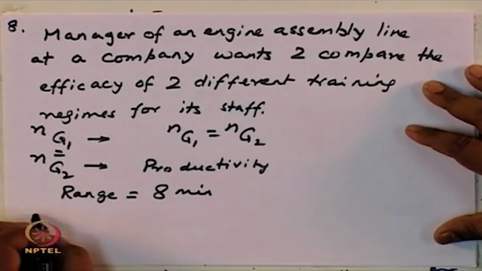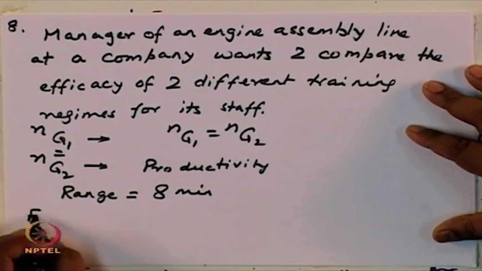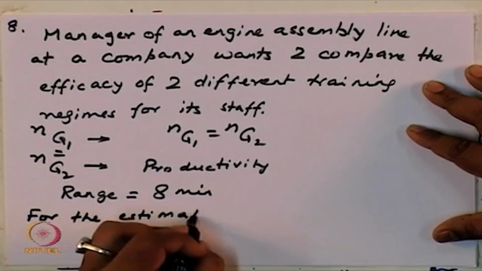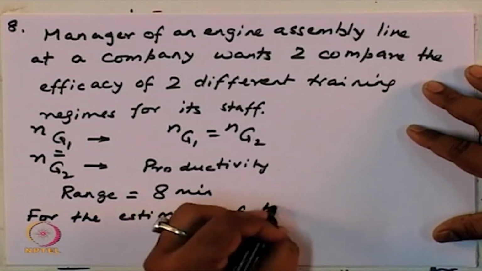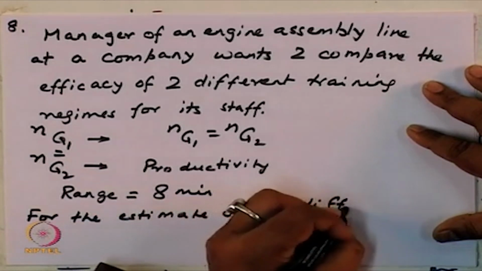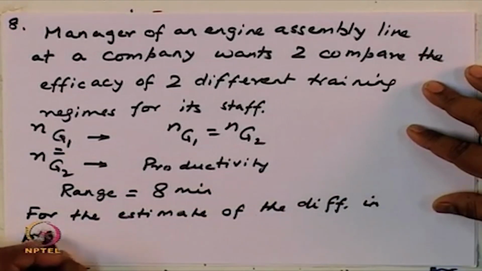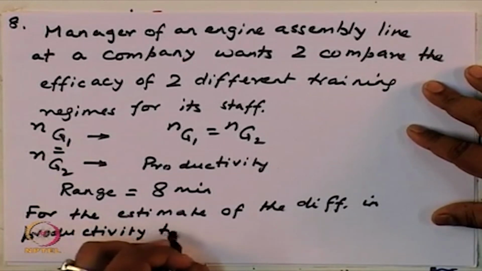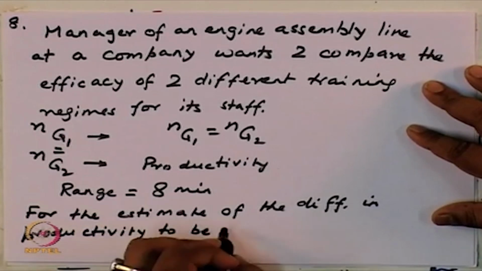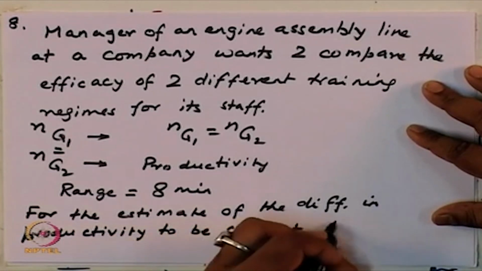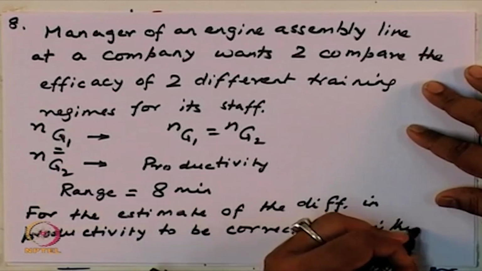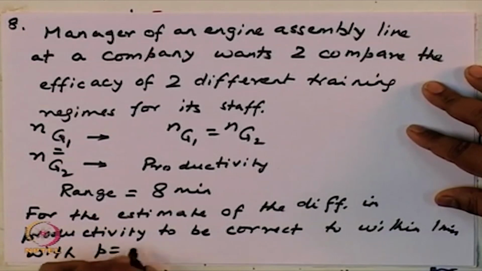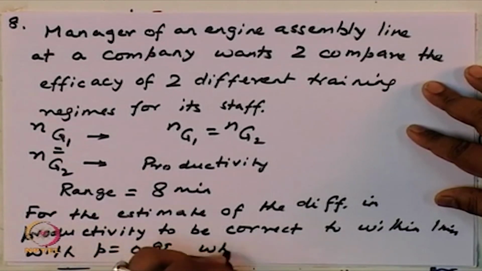So, what we want to know is, for the estimate of the difference in productivities to be correct to within 1 minute with p 0.95, what is n?